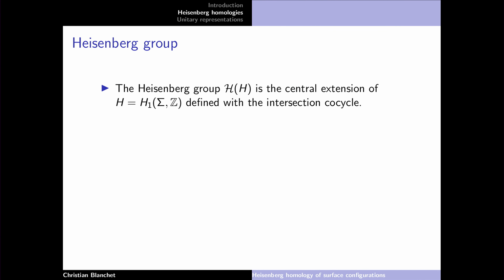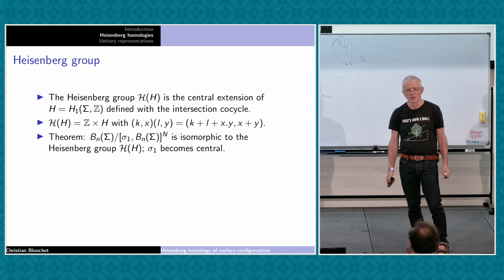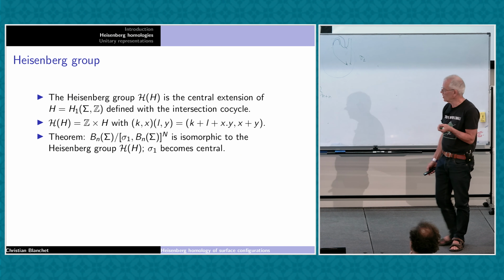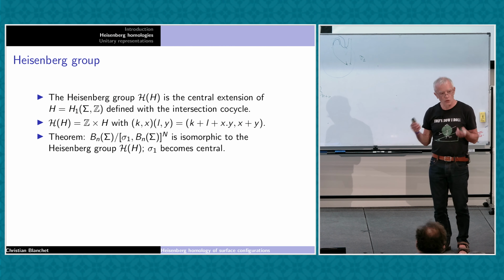I already gave the definition of the Heisenberg group with its product. I remind you of this. This is important. And remember this last relation. It will be satisfied in the Heisenberg group with sigma 1 generic, with no relation on sigma 1. And from the presentation, what we get is a quotient map with image isomorphic to the Heisenberg group, where sigma 1 becomes central, but the group is not commutative.